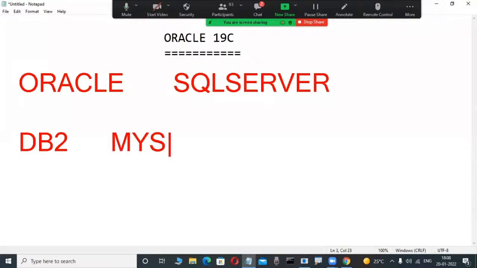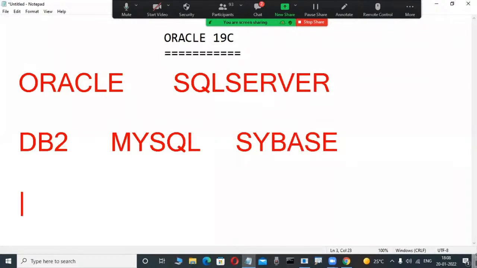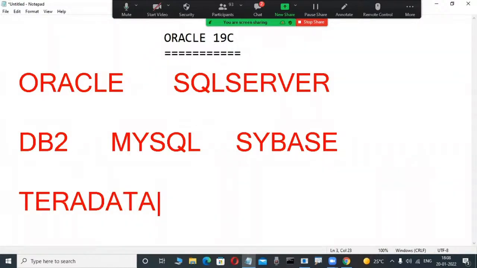MySQL is a database product that is open source, but nowadays Oracle Corporation has purchased it. Again, Sybase is a database product from Ingres Corporation. Again, Teradata, maybe so many fellows having an idea, data warehousing application programmers.